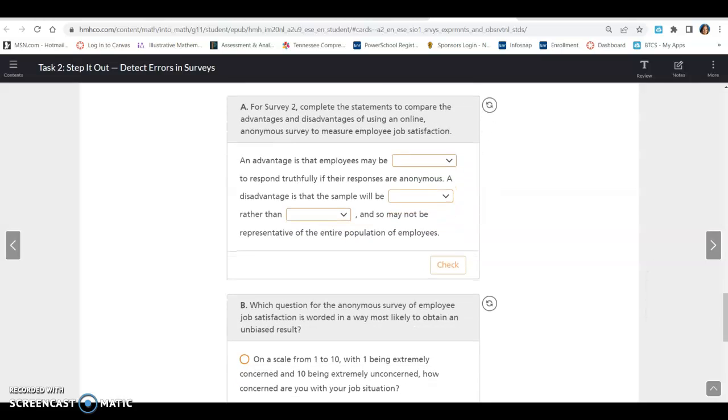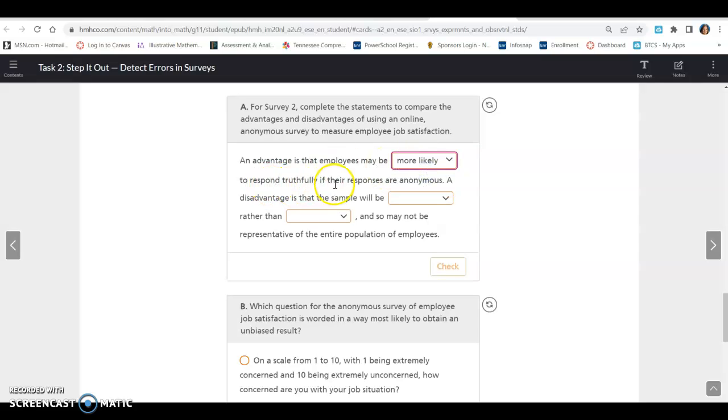All right, A part says, for Survey 2, complete the statements to compare the advantages and disadvantages of using an online anonymous survey to measure employee job satisfaction. All right, so for this one, an advantage is that the employees may be more likely to respond truthfully if their responses are anonymous.